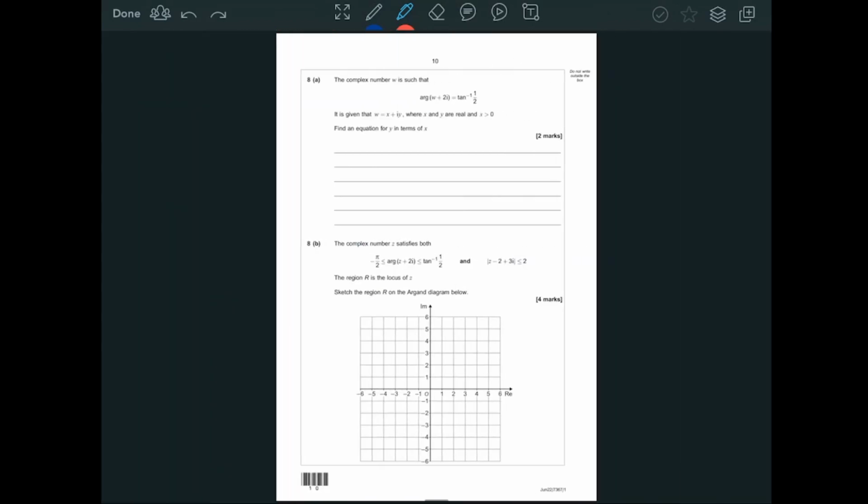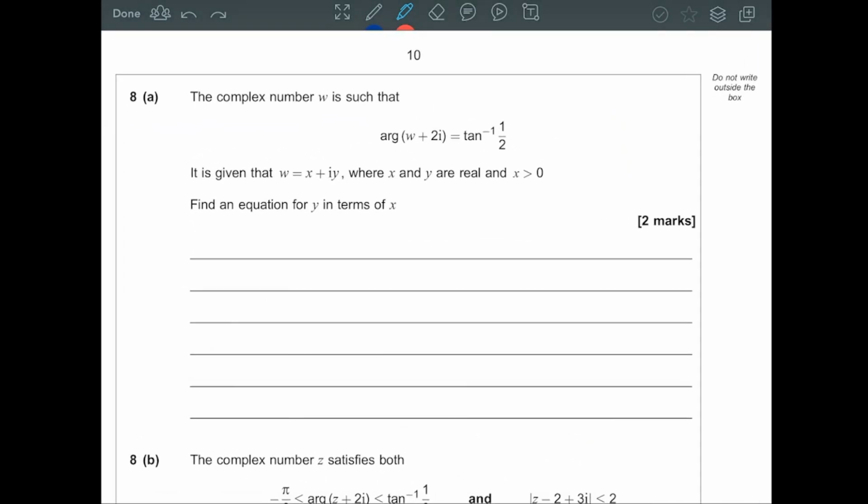Okay, carrying on, question 8. We have a complex number such that it is given that w is that. Find an equation for y in terms of x. So the argument of w plus 2i, which is x plus y plus 2i.